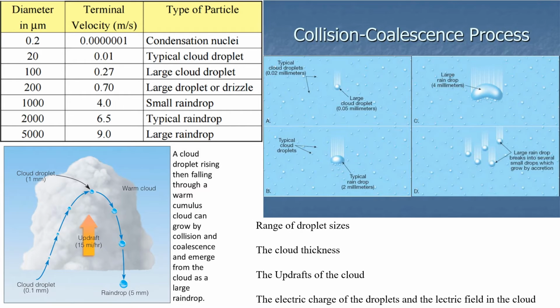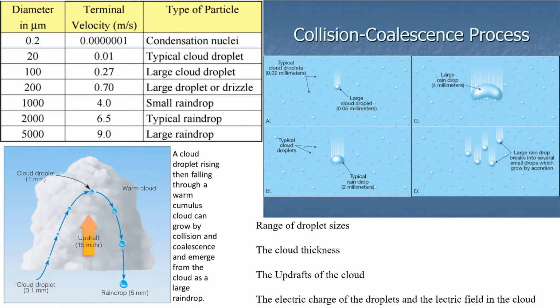In contrast, some laboratory studies show that collision does not always guarantee coalescence. Sometimes the droplets actually bounce apart during the collision. For example, the force that holds tiny droplets together is called surface tension.